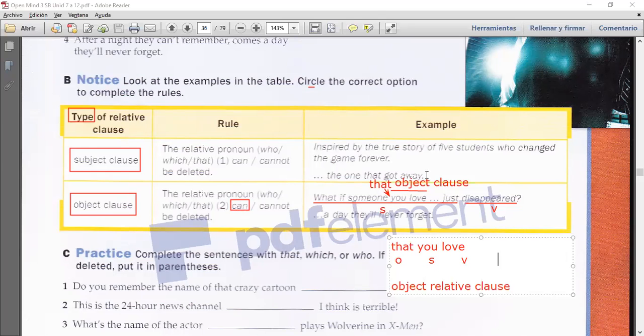Okay, another example. A day they will never forget. A day they will never forget. Where is the relative clause? Where is the relative object clause?